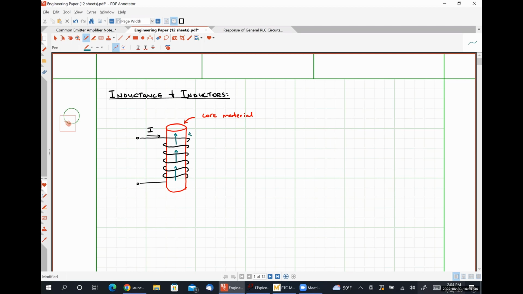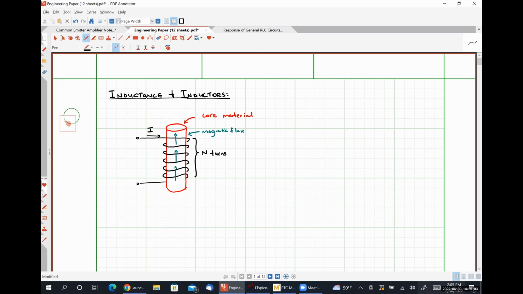So these lines in this color are our magnetic flux lines. And our coil has some number, let's call it N, turns. And what that magnetic flux is inside the coil is a form of temporary energy storage.